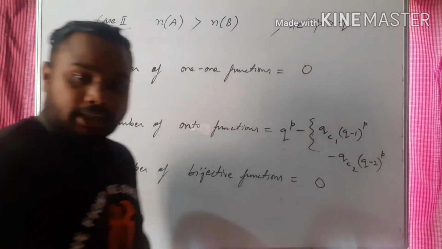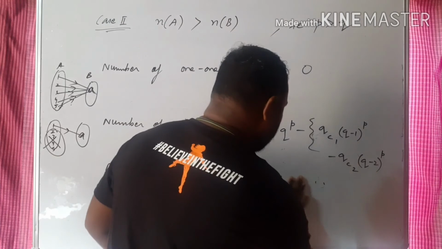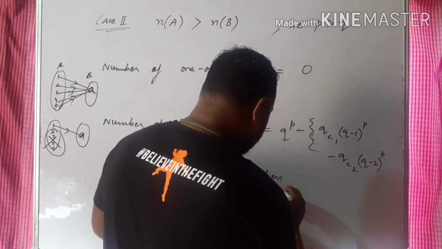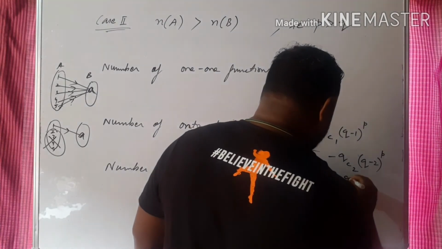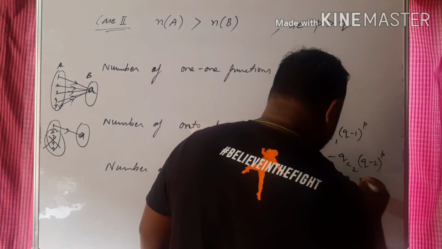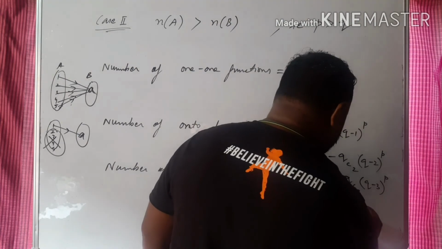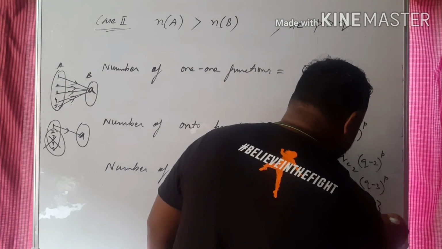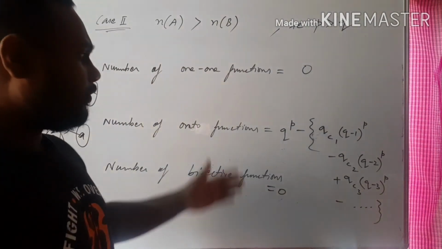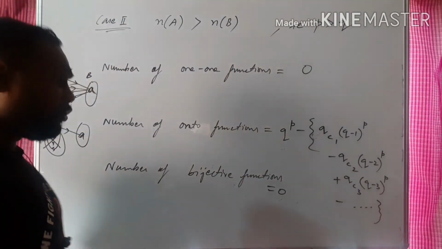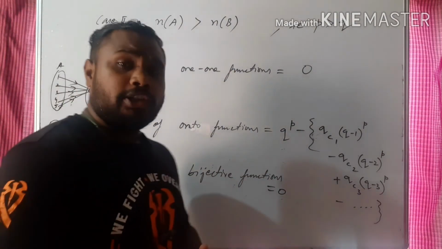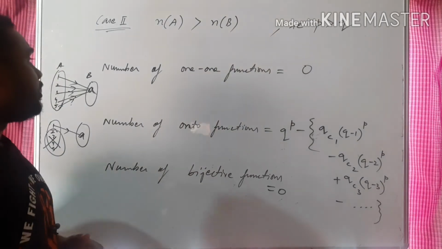Next, if you want to write, then it will be plus QC3 (Q minus 3) whole to the power p, minus, like that it will go on. So by using this formula you can find the number of onto functions whenever the cardinality of A is greater than the cardinality of B.